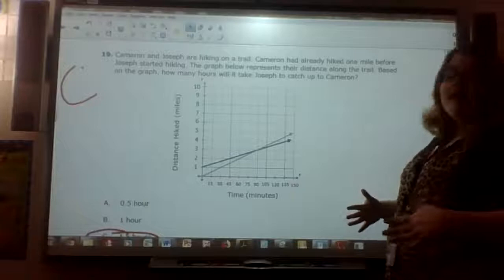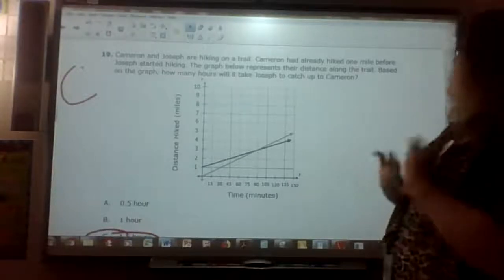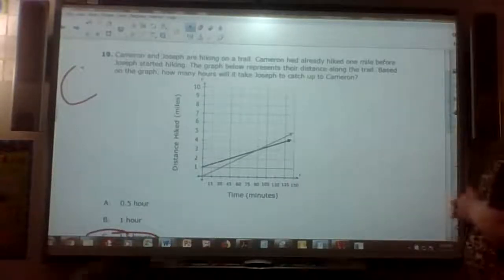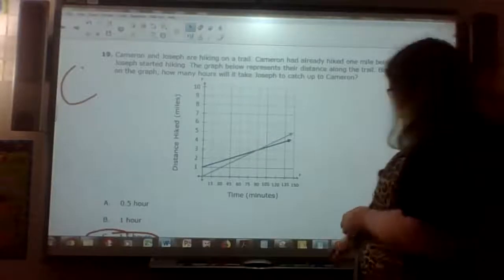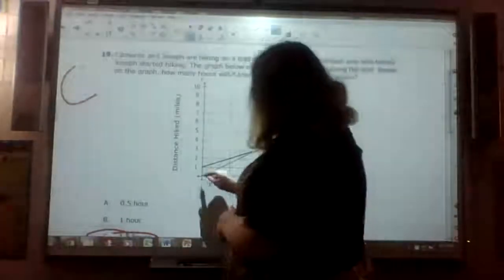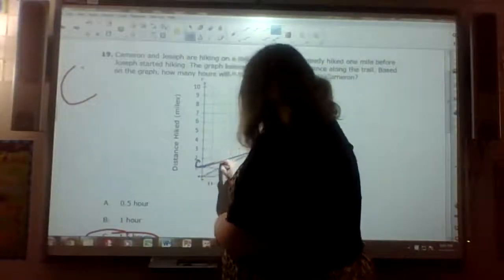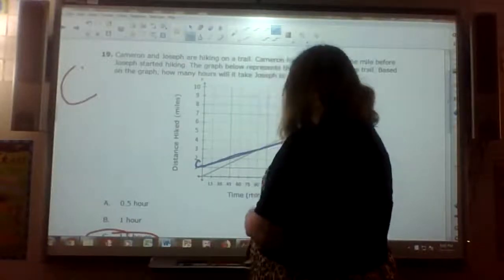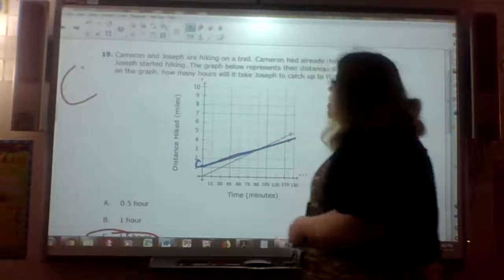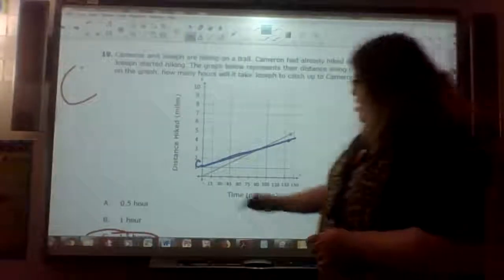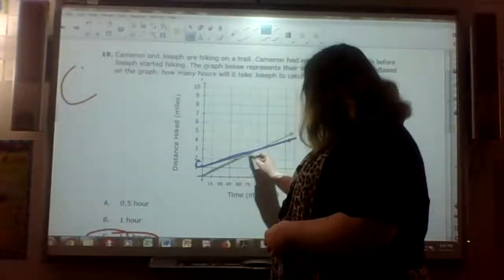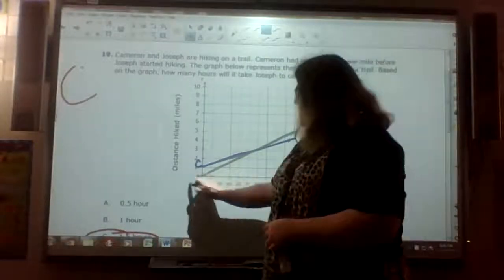Cameron and Joseph are hiking on a trail. Cameron had already hiked 1 mile before Joseph started hiking. So Cameron looks like 1 mile. This will be Cameron. So I'm just going to use my color and color Cameron. That means the other person is Joseph. So Joseph is my green.